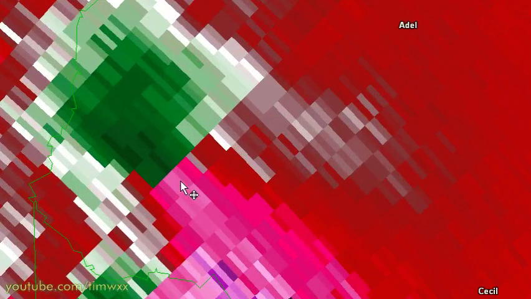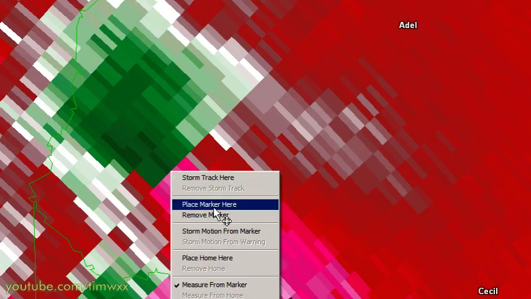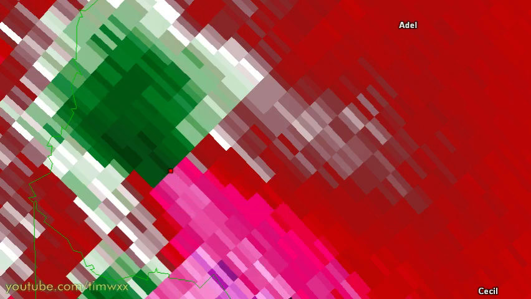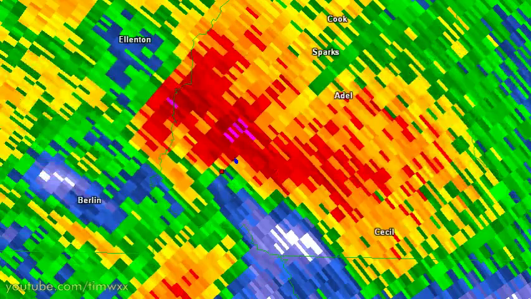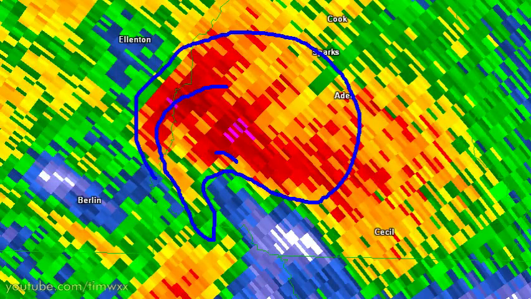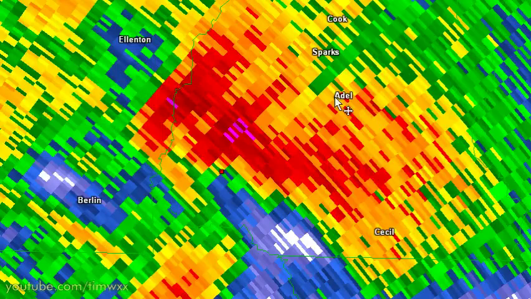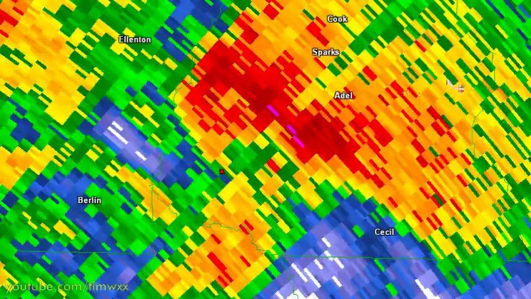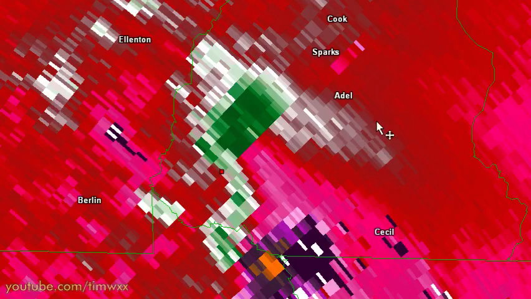Looks like it's intensified. 33 out and 27 in. This is at 28 past the hour. And storm has a definite HP-ish look to that. So that is quite a mess there.